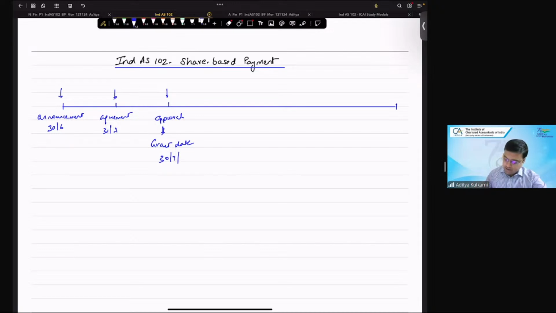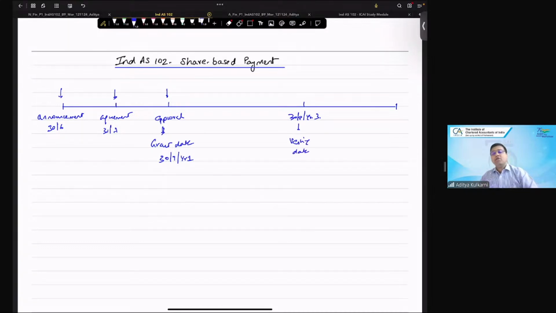So if this is year one, then for 2 continuous years, you need to provide the service. So on 30th September, year three, you have fulfilled the service condition. So this is the date when the options vest in you. So this becomes your vesting date.